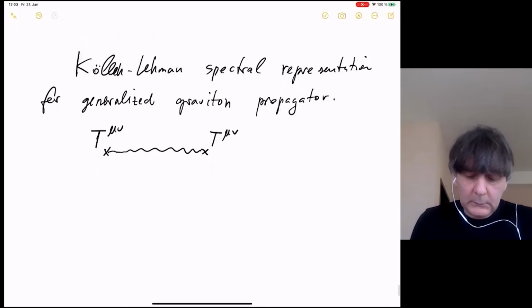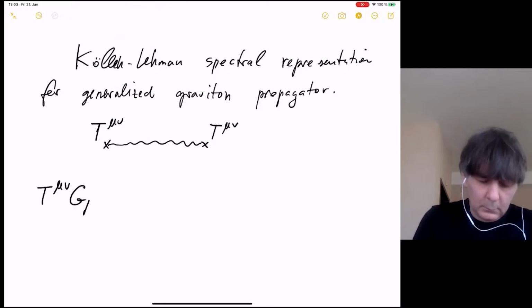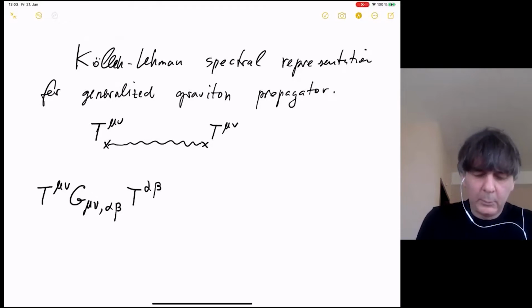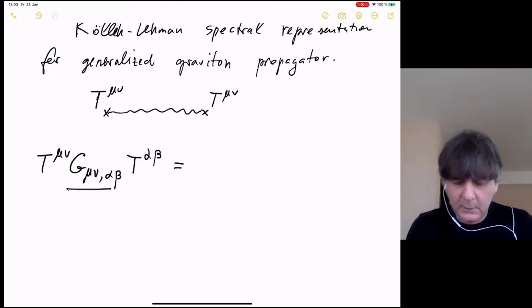And so there is a general representation which we can write as a propagator of the generalized graviton contracted with two energy momentum tensors. Let's do it in momentum representation.